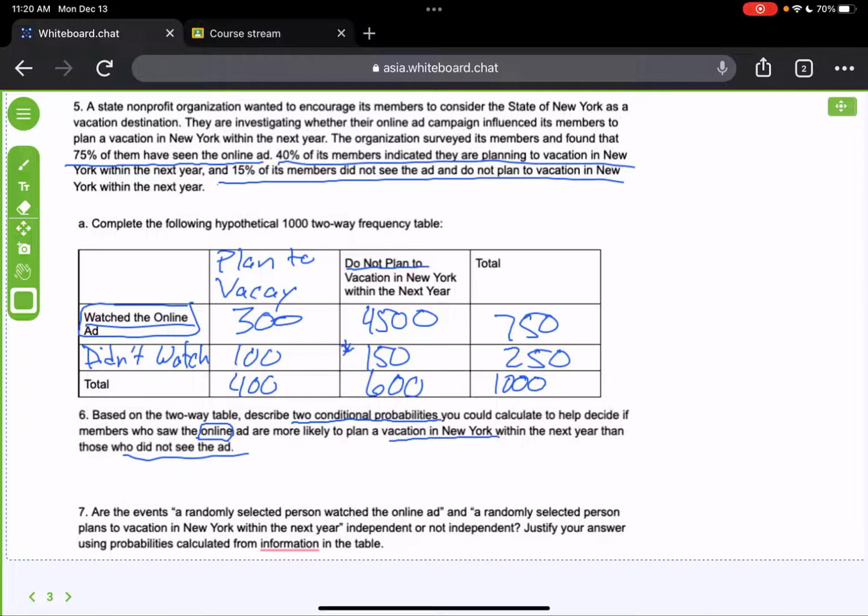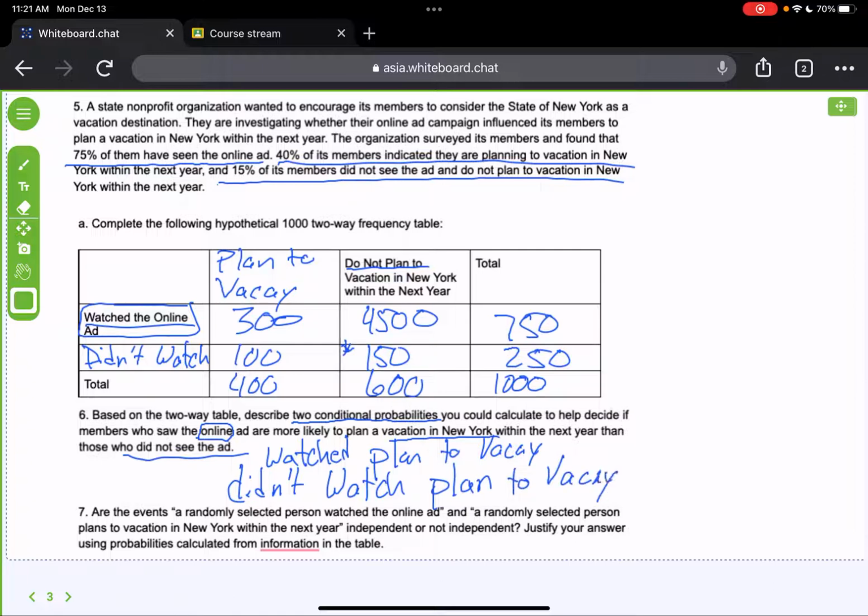So let's say those that watched and plan to vacation. And then the other one would simply be those who did not watch and still plan to vacation. That's going to tell us whether or not the campaign helped.